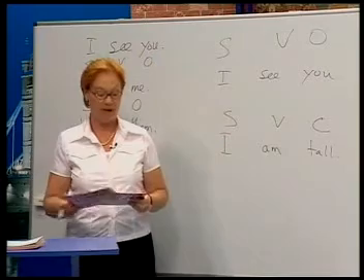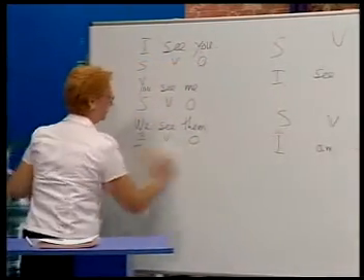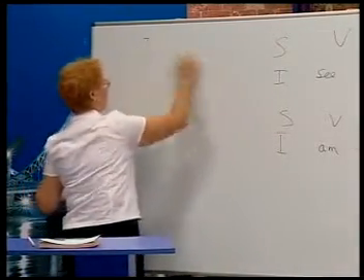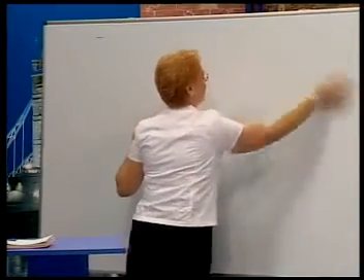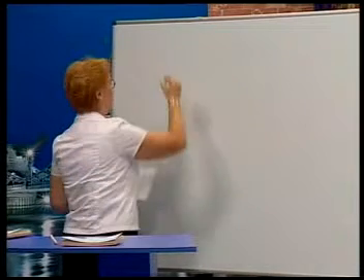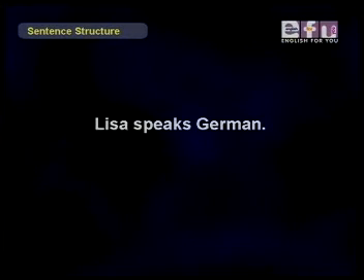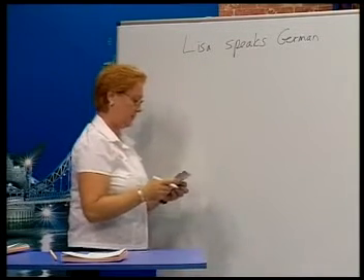Now, let's practice. Let me make some room here. And we'll put some sentences on the board for our assistants to help with. Now, here we go. Here's a sentence. Lisa speaks German.